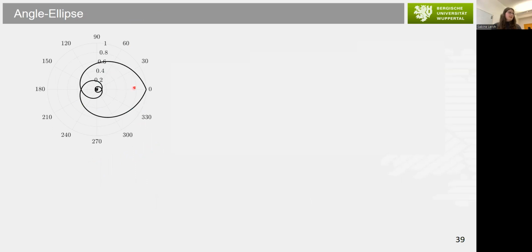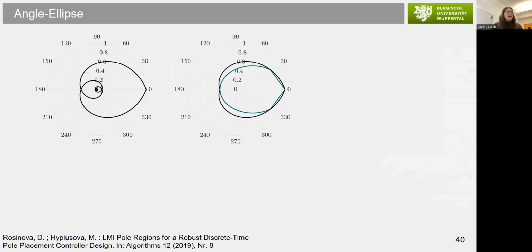Then if we want to place the eigenvalues inside of this area, of course, only the outer lines here are important, but this shape is not convex. You can see it here. So we need to find a convex approximation in order to use this for an LMI approach. And this is the so-called angle ellipse.